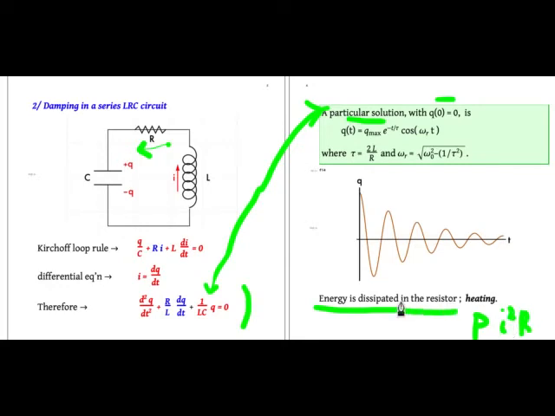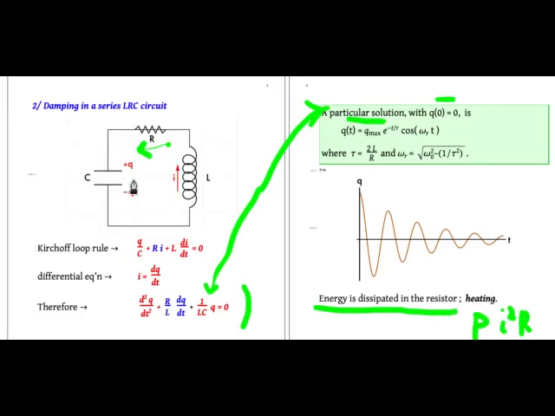And of course, where does that energy go? After all, the total energy is constant, but not the field energy. The field energy is decreasing. Where's it going? It's going into heating up the material in the resistor. It's got to be a conductor, so it's some kind of metal, but the metal's heating up.